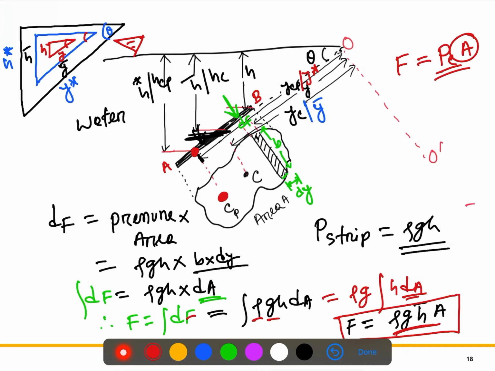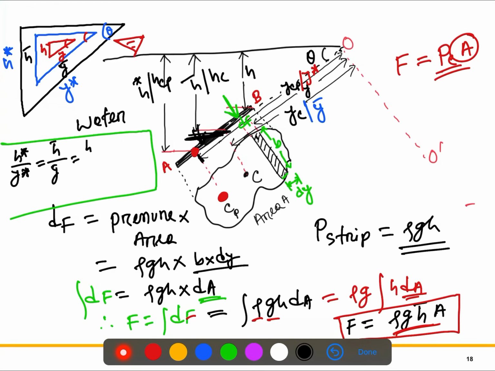So from the formula, sine theta equals the perpendicular over the projection. So h bar over y bar equals sine theta. We can just write it down here, guys. h star over y star, or h bar over y bar, or h over y, equals sine theta.